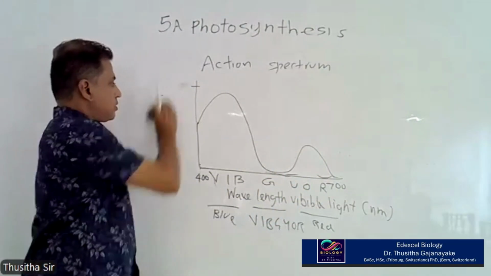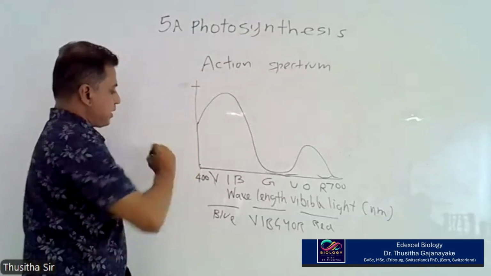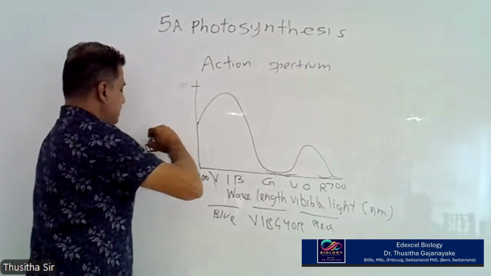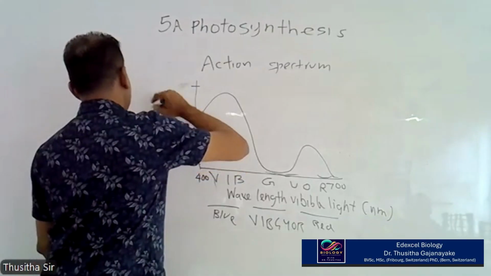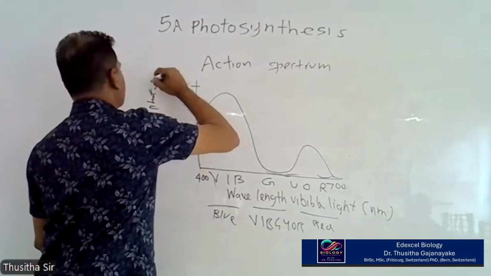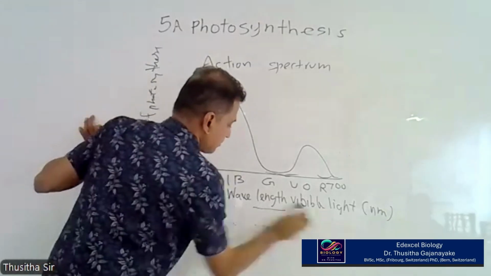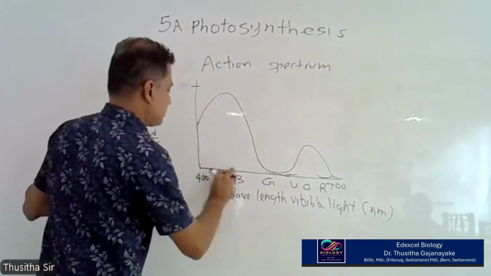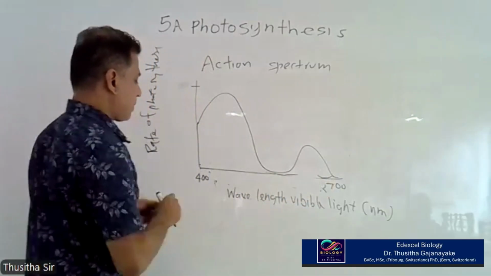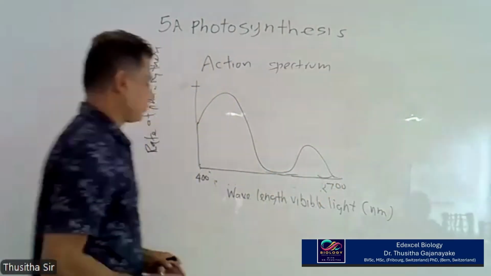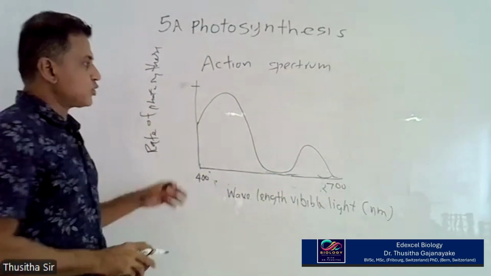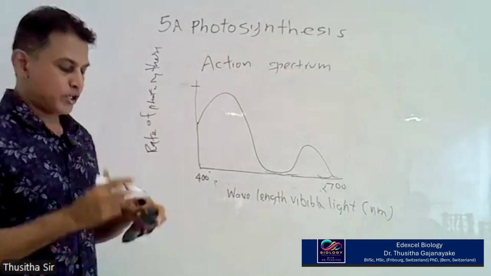So this is called action spectrum, and we write here rate of photosynthesis. That's also important, the action spectrum, so you can also copy this down.